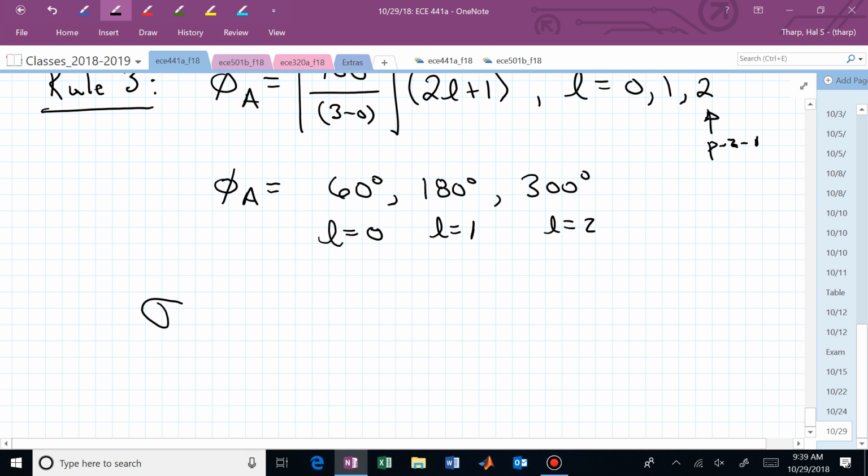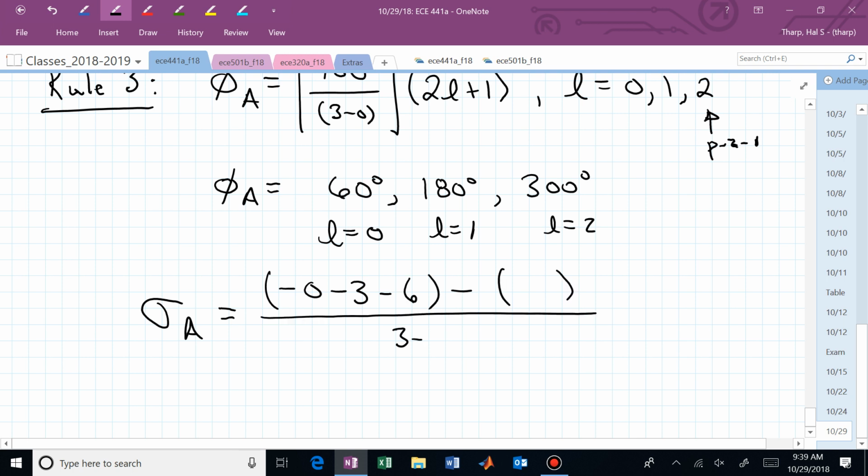And what's sigma sub a? Where do we pin these angles on the real line? We have minus 0, that was the origin, minus 3, minus 6, we didn't have any finite zeros, divided by 3 minus 0.